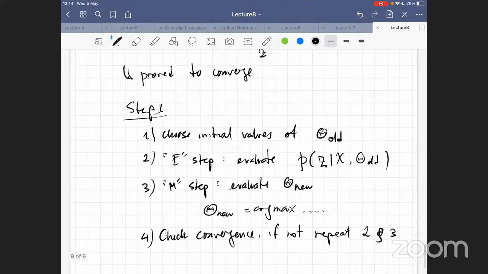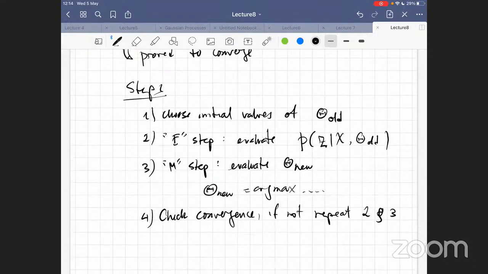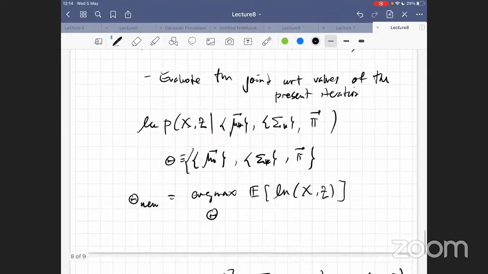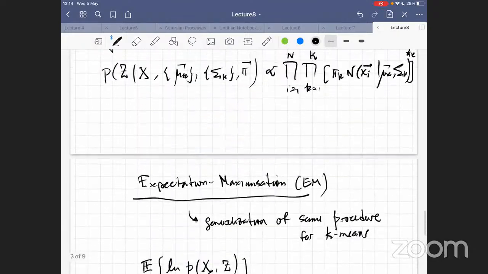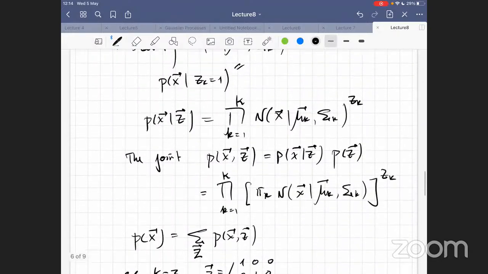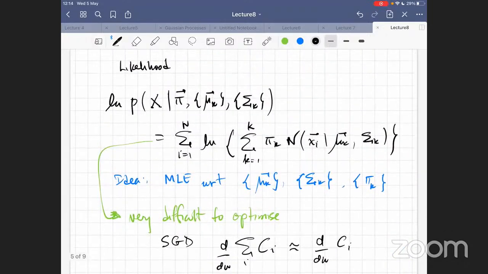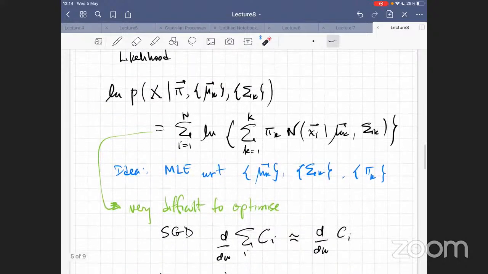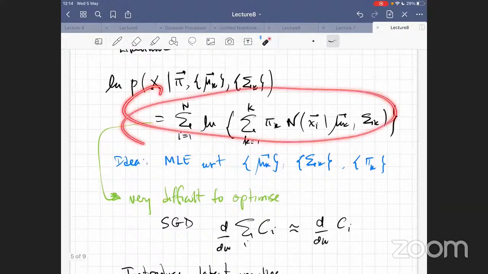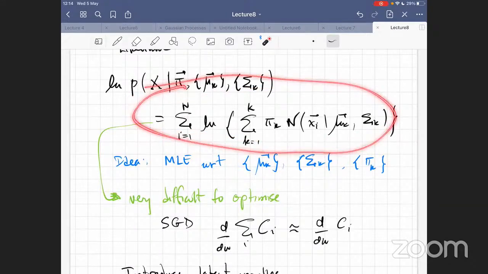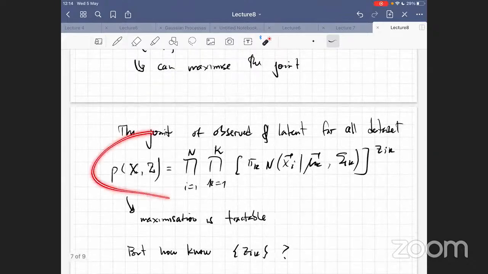So it may happen that you think that this is quite a complicated thing to do, but the whole complication came, if you recall, from the fact that this object here is difficult to optimize. And then we introduced these latent variables, and we were able to re-express the object to optimize, instead of a complicated object like this one, as an object which is familiar to us from classification, where here you have the labels instead of these latent variables.